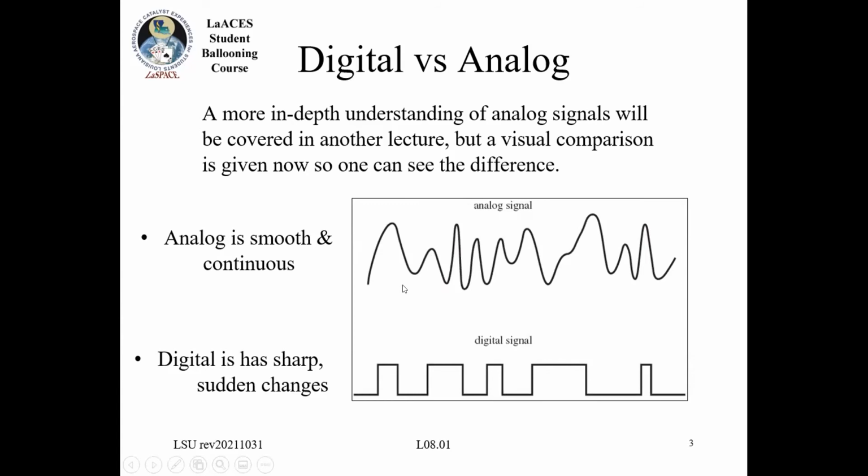This isn't a real signal. This is just an arbitrary example. But the point is I can see this thing is continuously varying and it's a nice smooth curve. Whereas a digital signal is, right, I have these step changes. I'm either at this discrete value, or this discrete value.